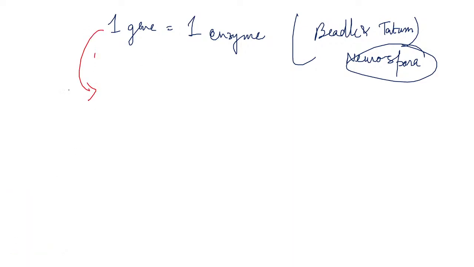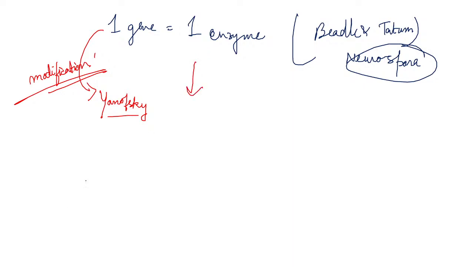From this there was a modification by another scientist named Yanofsky. Yanofsky introduced a modification of this, which came to be known as one gene equals one polypeptide, right?